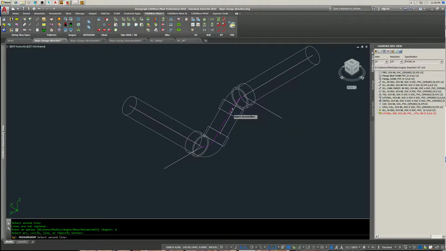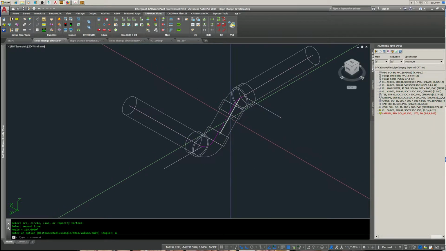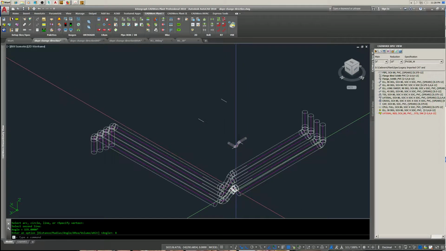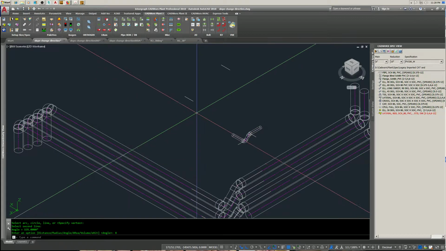Now when we look at it, we get the 135, and that's equivalent to a 45-degree angle. So anyway, that being said, let's make one for this 30-degree roll.